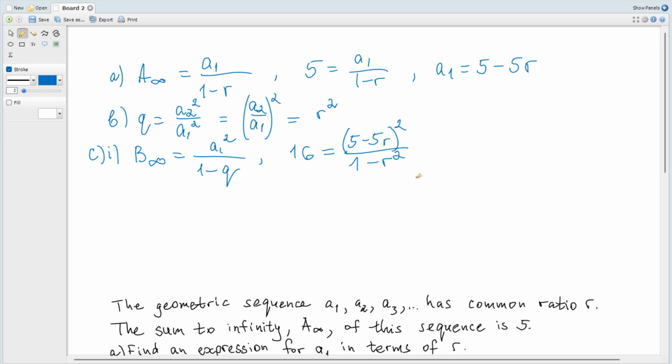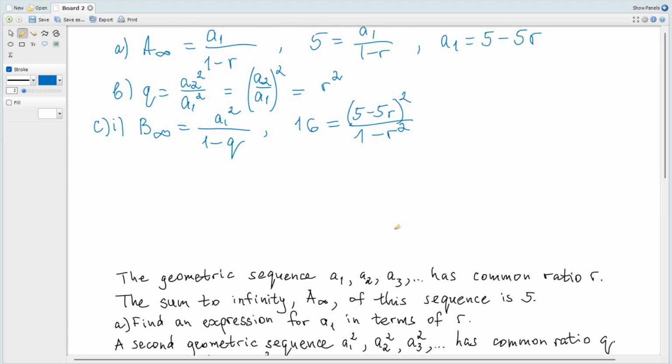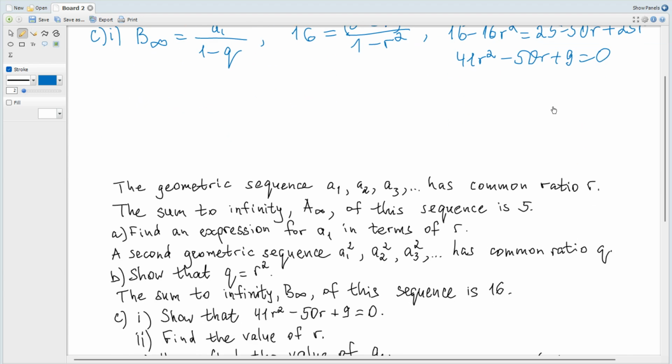So that we get in terms of r only as required. Then let's multiply both sides by 1 minus r squared and expand to get that 16 minus 16r squared is 25 minus 50r plus 25r squared. Move to one side to get 41r squared minus 50r plus 9 is 0 as required.